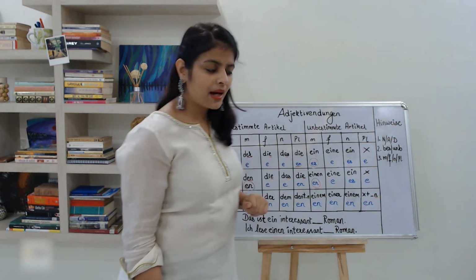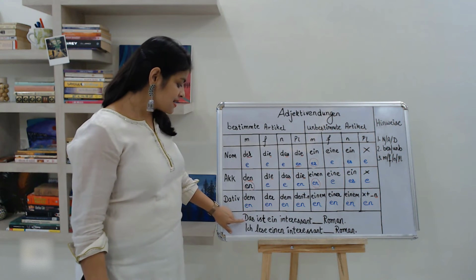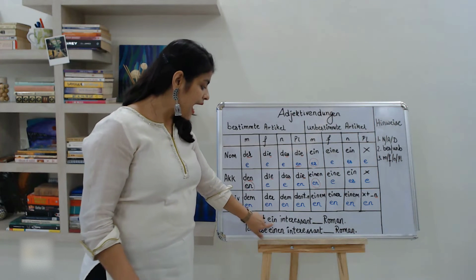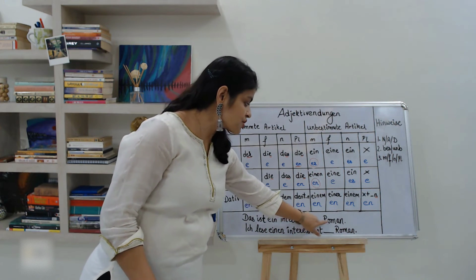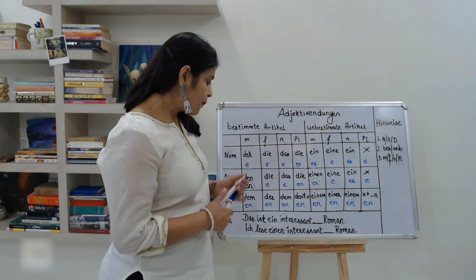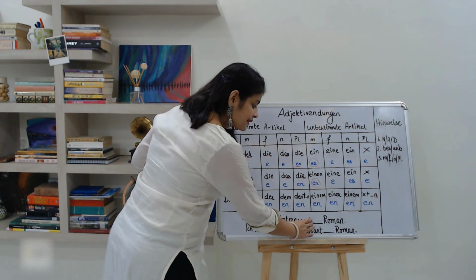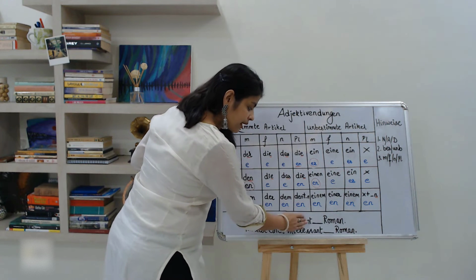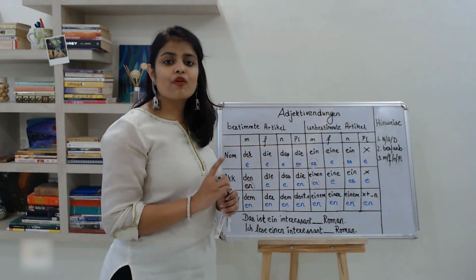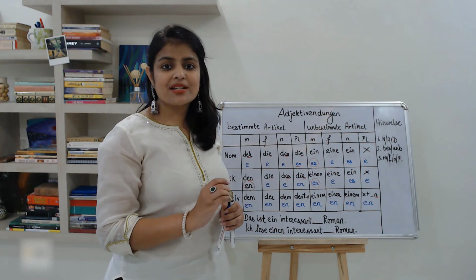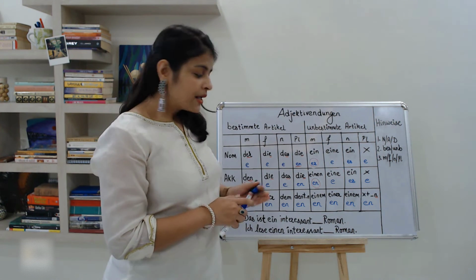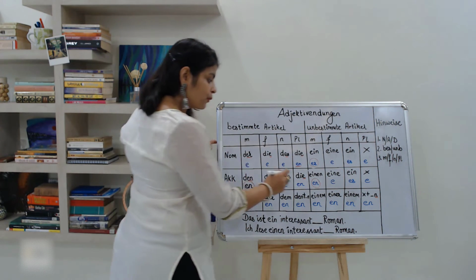Sehen wir hier mal. Zum Beispiel der Satz ist, das ist ein interessant Roman. Now because over here interessant is an adjective and that is written before the noun, it is mandatory for us to write an adjective ending. So over here we'll start like this.